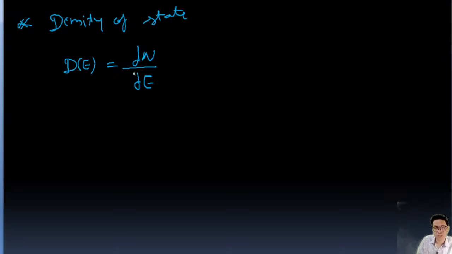In the case of the Fermi energy, it is going to be 2 dn upon dE, where nf is n, right? And the range is E to E plus dE.